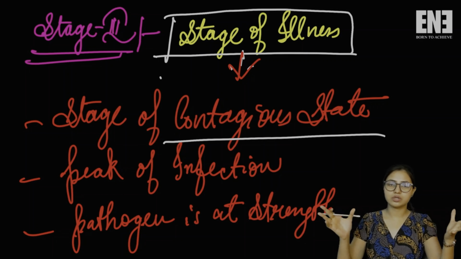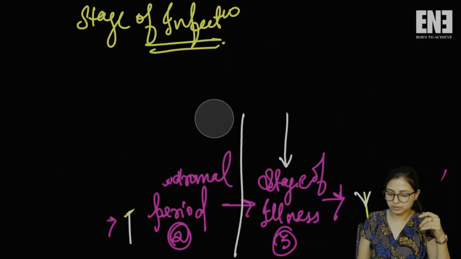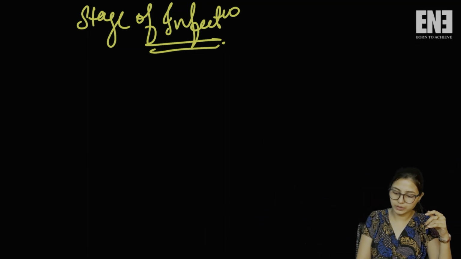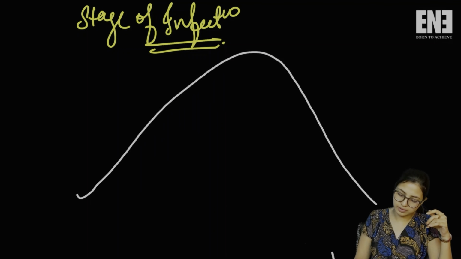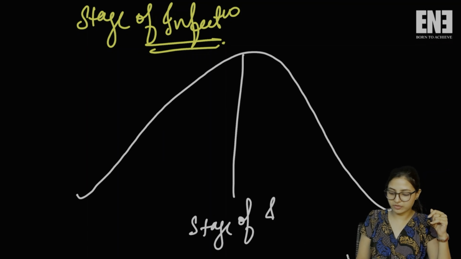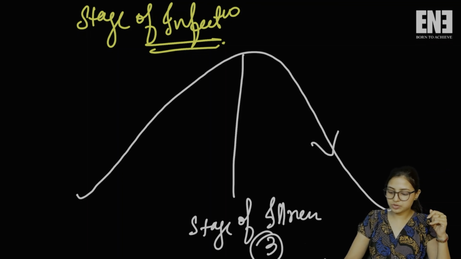Just give a second to me. See, if I tell you in an easier way, the graph is like this, like this. This is the stage of illness, that is your stage 3. Yes, it starts to subside.